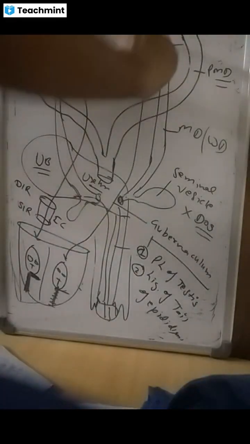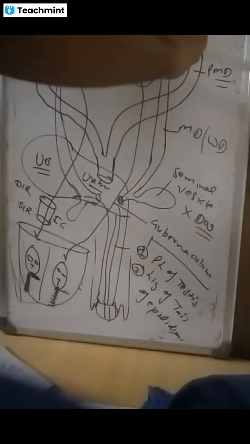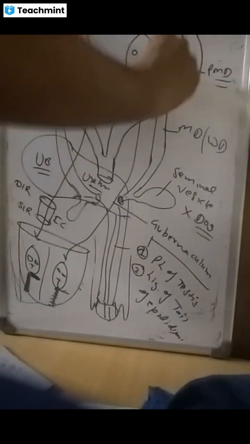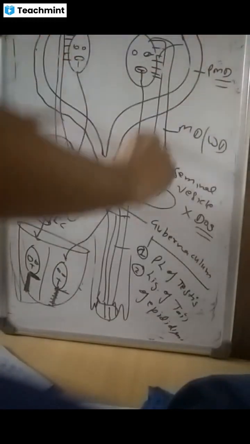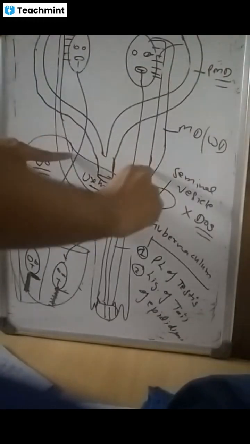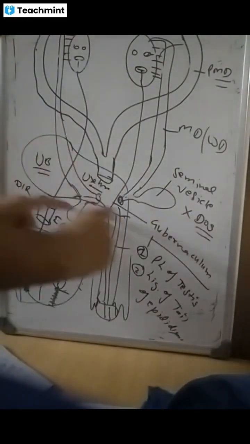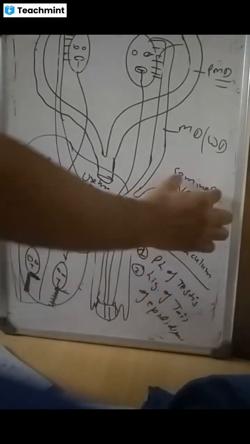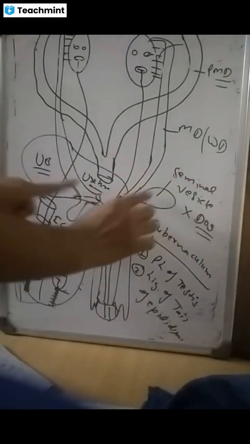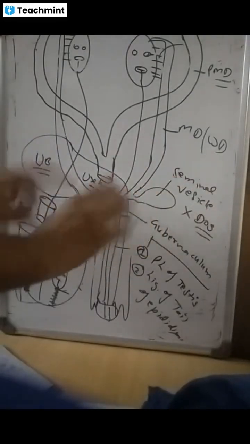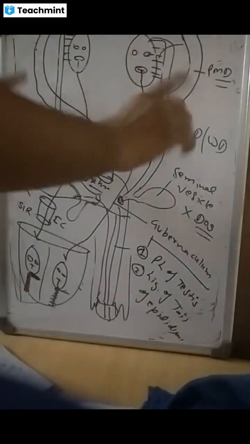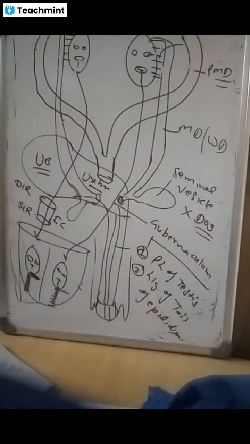The ligament of the tail of the epididymis. So testis, duct, these are mesonephric tubules. They combine, they form these two, and at the urogenital sinus they will evaginate and form the seminal vesicle. The paramesonephric duct will regress.